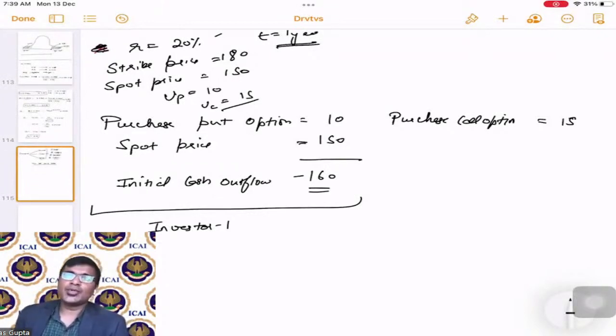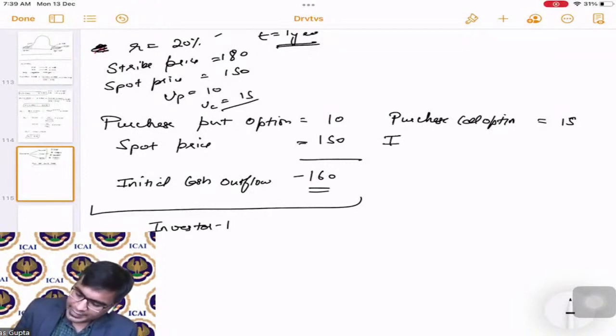That means he has to invest the present value of strike price today, so that on expiry he gets the maturity proceeds of the strike price equivalent amount, and that he uses to purchase the equity share. This is what we have studied: invest present value of strike price.